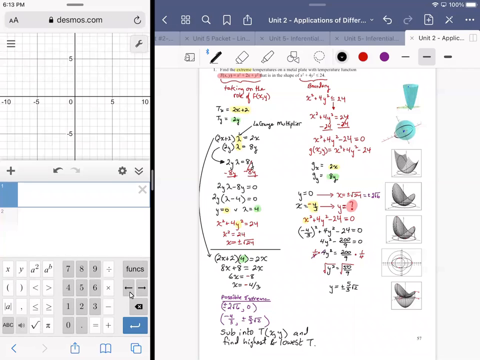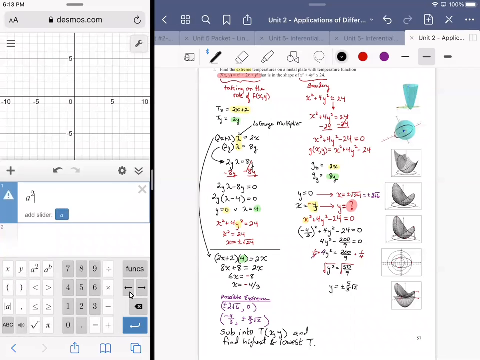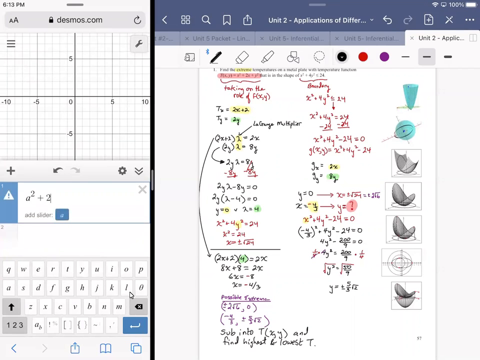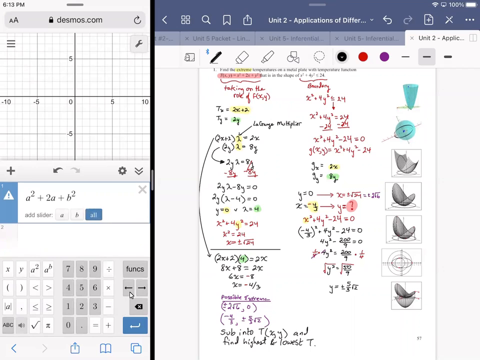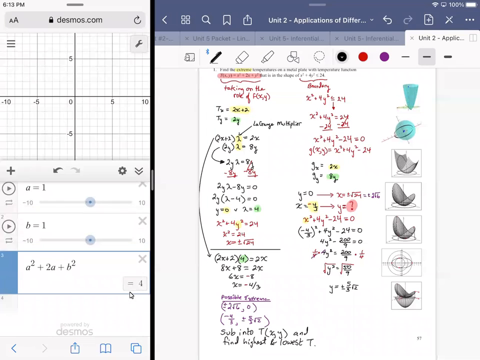So instead of x, I use A. Instead of y, I use B. So I would write this as a squared plus 2a plus b squared. All right. And then it asks if I want a slider for each of them. It's a slider for all. I say, absolutely. You dang right I do.